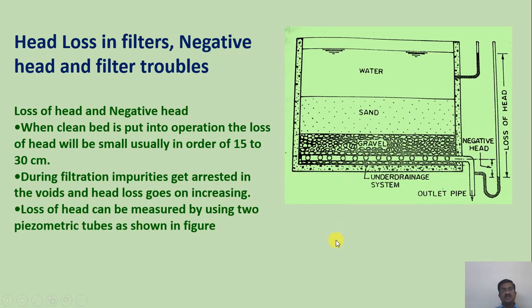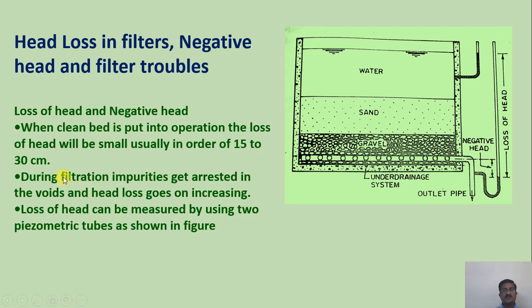Let us now discuss the head loss in the filter and negative head loss. Filter troubles we have already seen. Loss of head or negative head. When a clean bed is put into operation, the loss of head will be small, usually in the order of 15 to 30 centimeter.